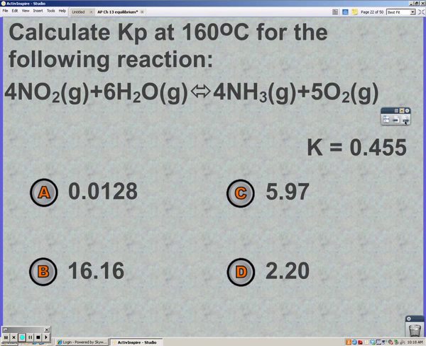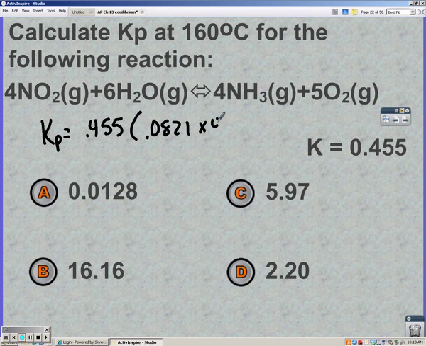So in this problem they gave you K and we're looking for Kp. So we need to plug it into our Kp equals K RT to the delta N expression. We know our K, we know R. We need to convert that temperature to Kelvin, which is 433.